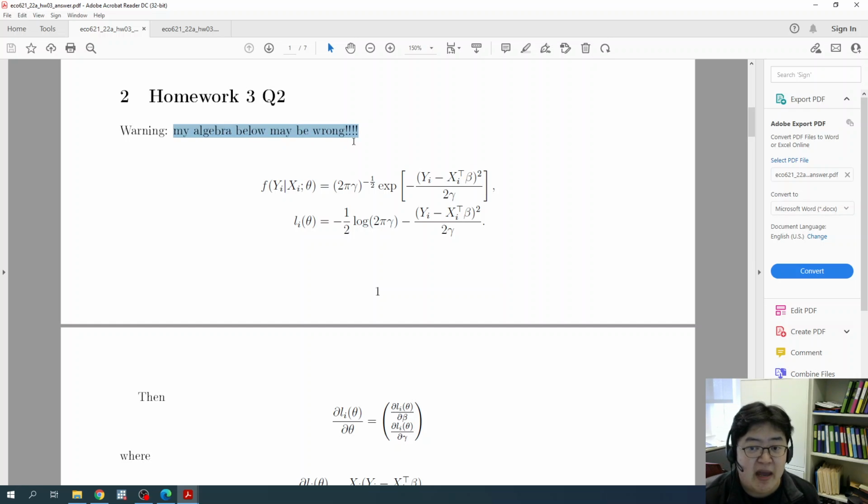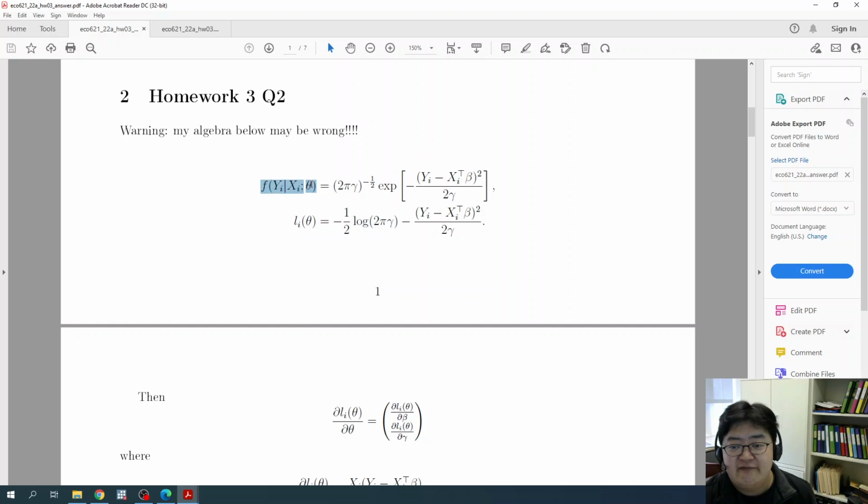So my algebra may be wrong. I did not proofread my answer, so be careful. But I try to deliver the idea, not the algebra. It's your responsibility to make the correct answer in your exam, even if you have the same question in the exam, and even if my answer is wrong.